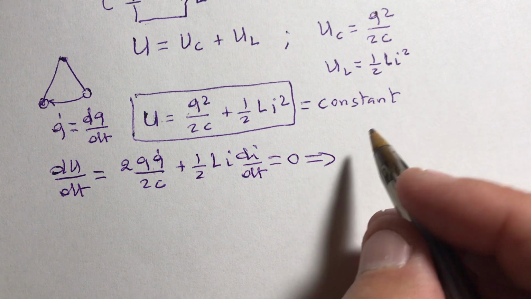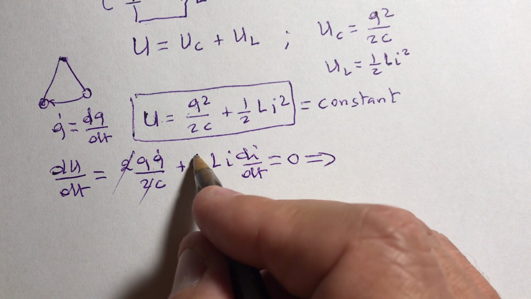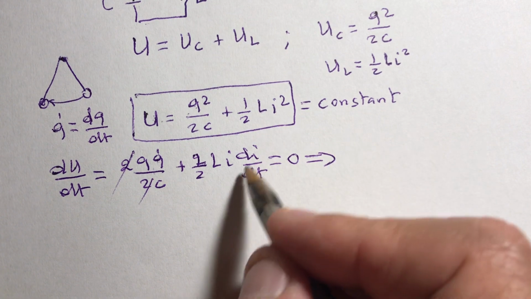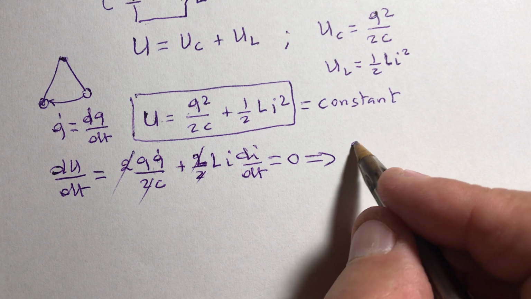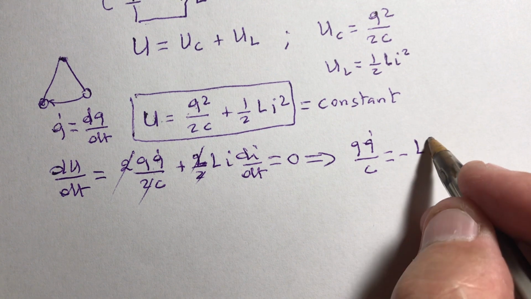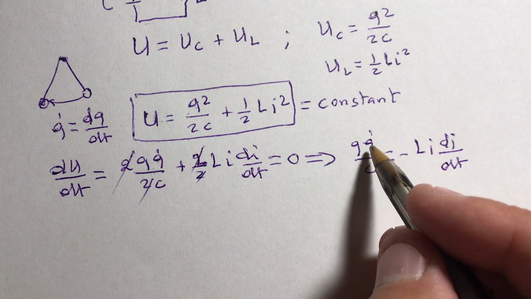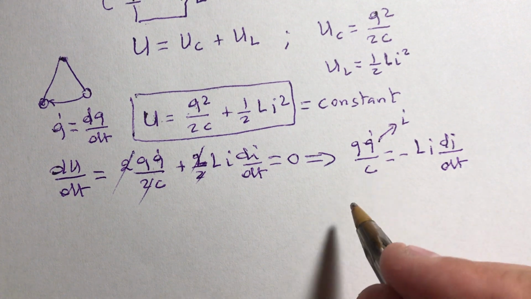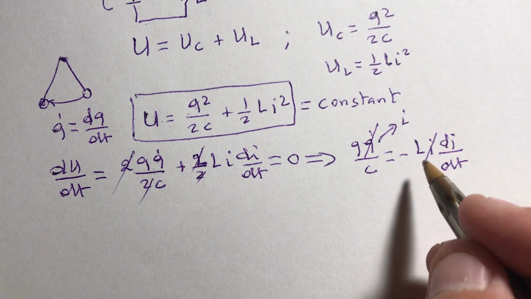So this is going to give me, cancel 2, cancel. I have to put here 2, because when I take the derivative, 2 is going to come out. So I have 2 Li di over dt. So I have 2 here at the top. Cancel these 2. So I will have q dot over C is equal to minus Li di over dt. Cancel. You see q dot? Remember, q dot is I. This is I. So I just cancel this, cancel that.